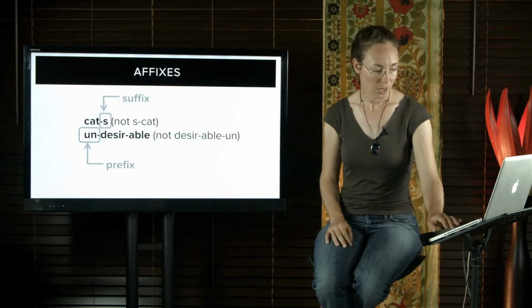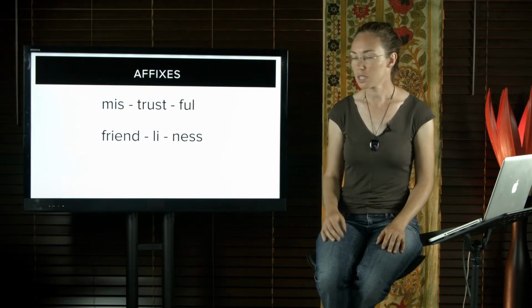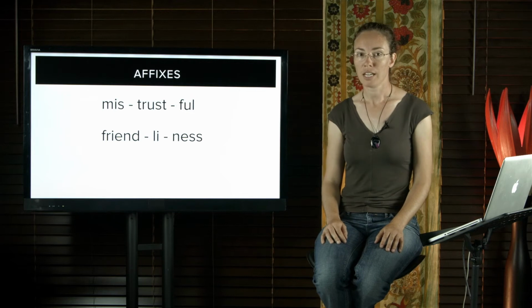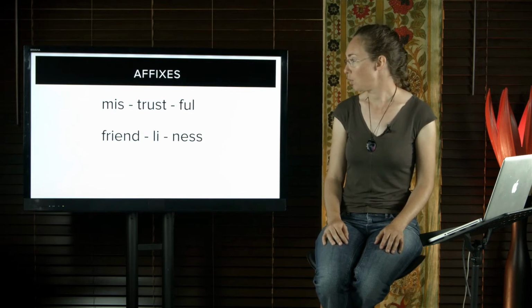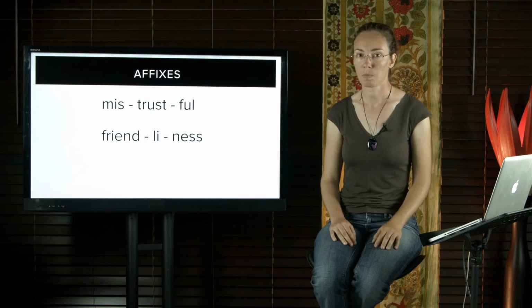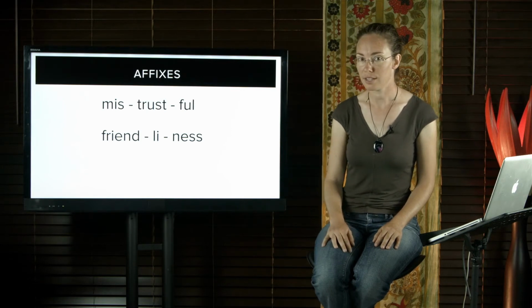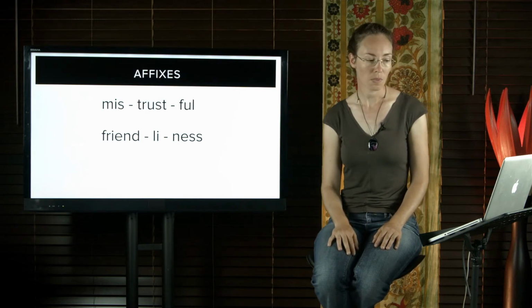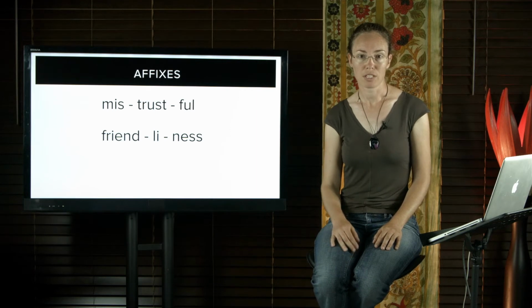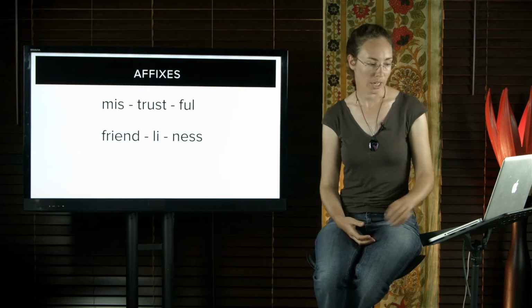So, in a word like mistrustful, we have two bound morphemes, the prefix mis and the suffix full, surrounding the root trust, so we get mistrustful. Or in a word like friendliness, we have a root followed by two suffixes, li and nes. In any language with affixes, there are also rules about what order the suffixes and prefixes occur in.